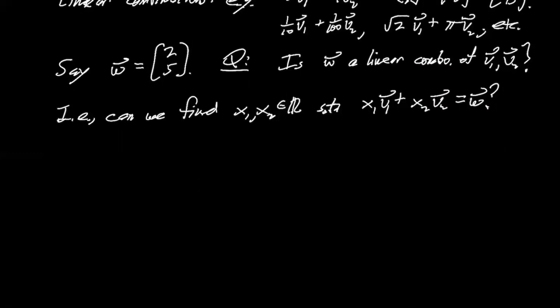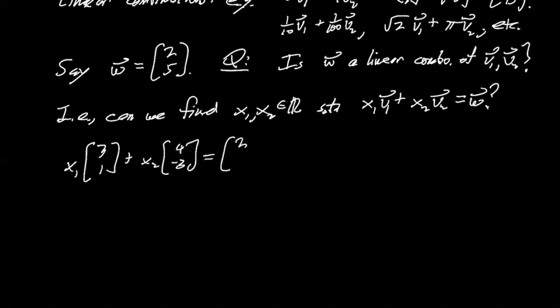Okay, and then you turn that into, I think you guys have probably seen this now already, you plug in the actual values of v1 and v2 and w, and you get something kind of nice here, the kind of thing we've seen before, which is a system of linear equations. x1 times the vector 3, 1 plus x2 times 4, -3, and that equals w, which was 2, 5.